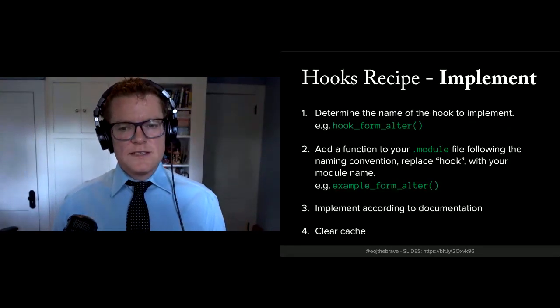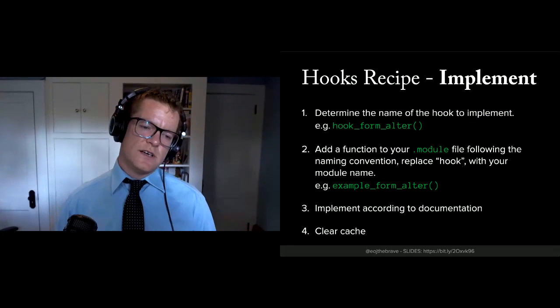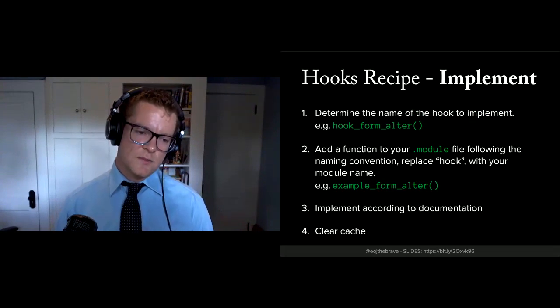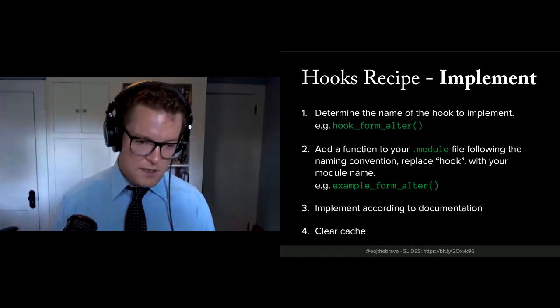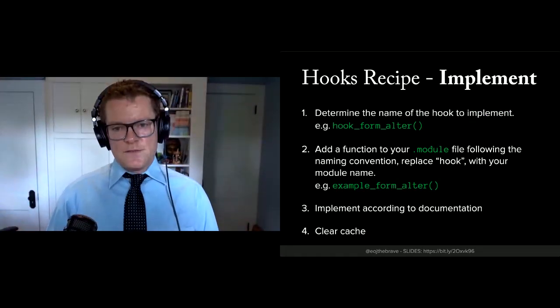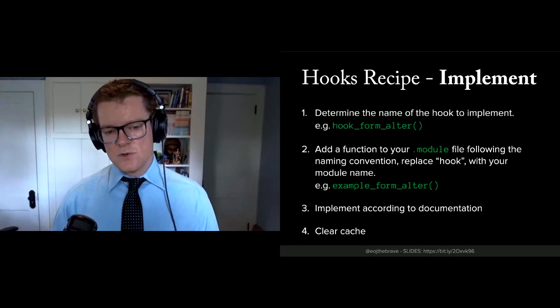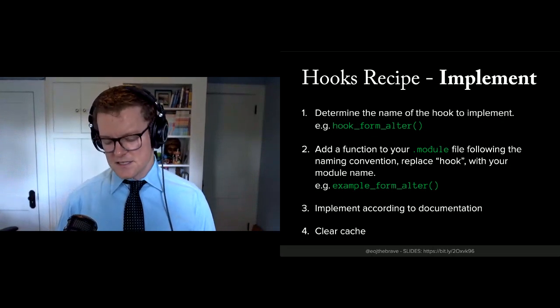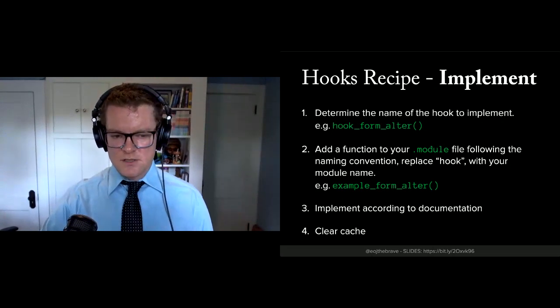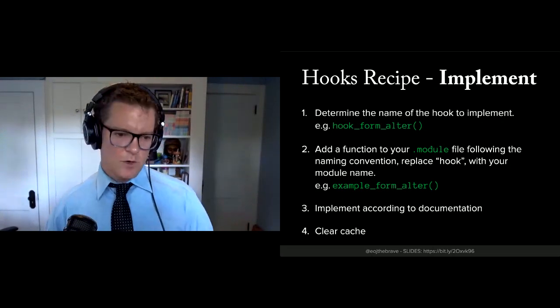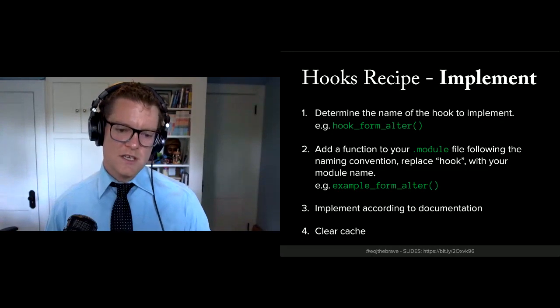If you want to implement a hook, what you need to do is determine the name of the hook that you're going to implement. For example, hook underscore form underscore alter is the name of the hook. Then you need to add a function in your .module file, or really any other file that's going to be in the PHP global scope, following a specific naming convention, which really just amounts to replacing the word hook with the machine name of your module.